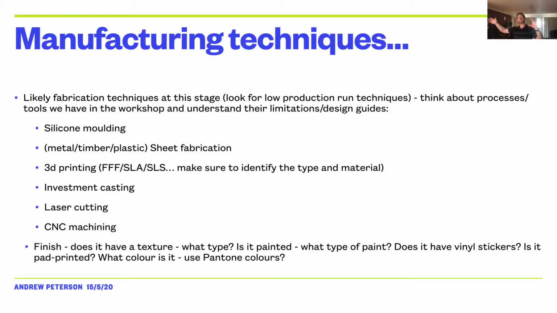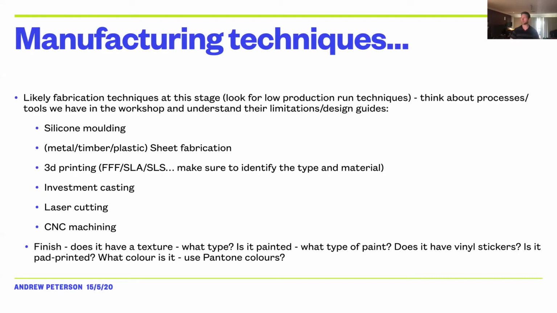Down the line for the client in their second part of the diamond, yes, when you explore toys or things like that, mass production processes become more applicable. But for your project at this stage, we're looking at low run things. So things like silicone molding, sheet fabrication, 3D printing, investment casting, laser cutting, CNC machining. So they're sort of one-off sorts of processes.